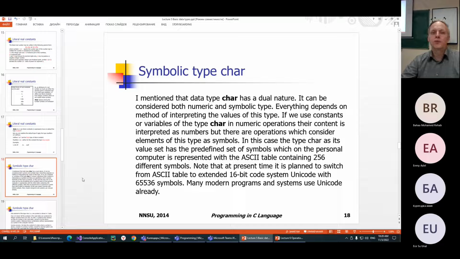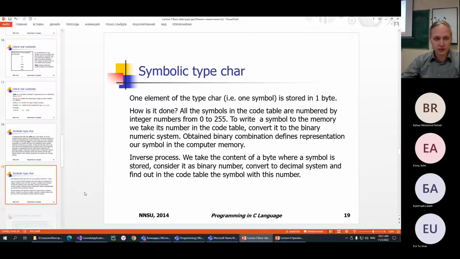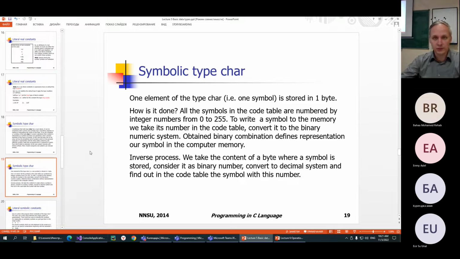Okay. Well, during the first lessons in practice, you usually work with the numeric data types. But I want to say that there is also a symbolic type, char, that can be used to represent characters. But how to represent characters in computer memory?